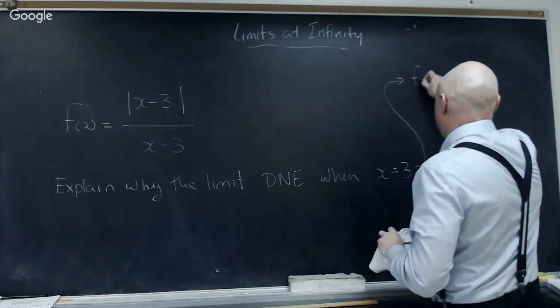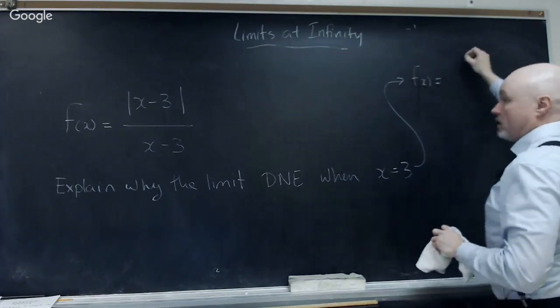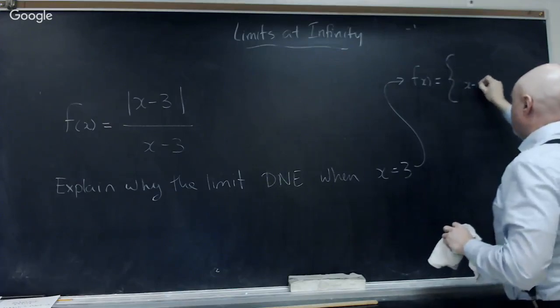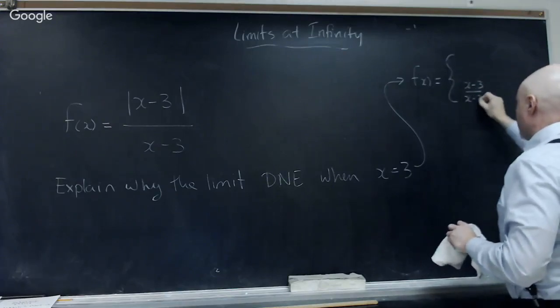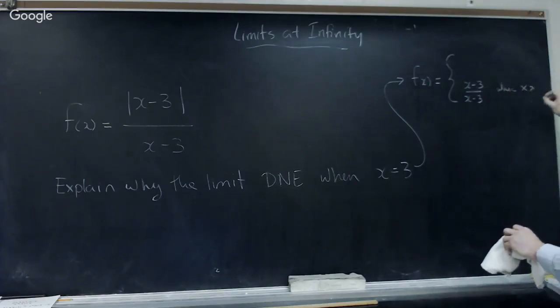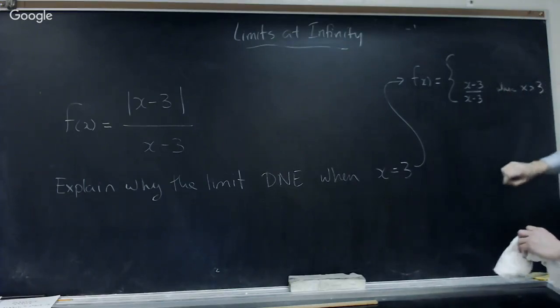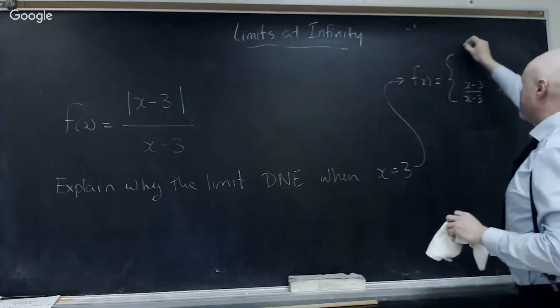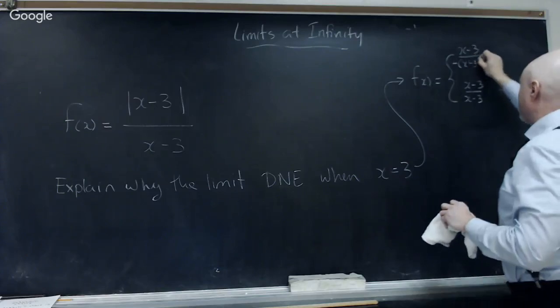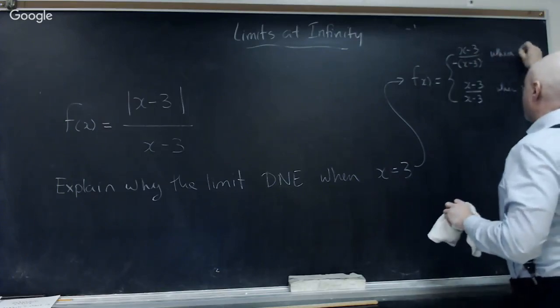So we have to say, oh yeah, f of x is equal to x minus 3 over x minus 3 when x is greater than 3. And we have to say that it's equal to x minus 3 over negative x minus 3 when x is less than 3.